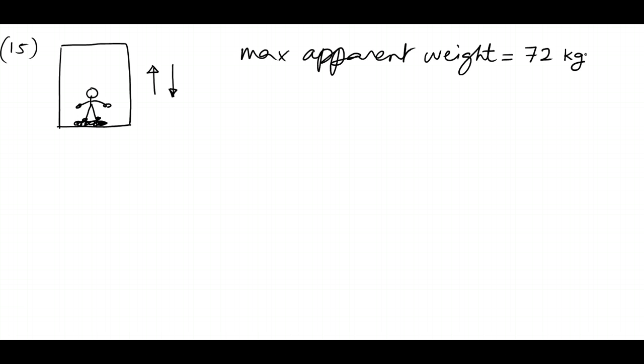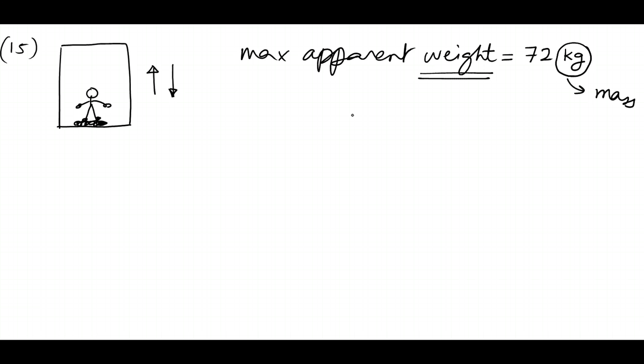Now this is slightly questionable, this kilograms, because as you know, weight is a force and kilogram is the unit of mass. To understand this issue, you must understand that a normal weighing machine would be calibrated in kilograms.